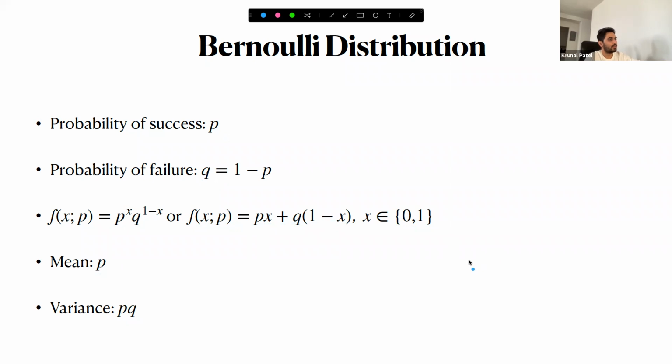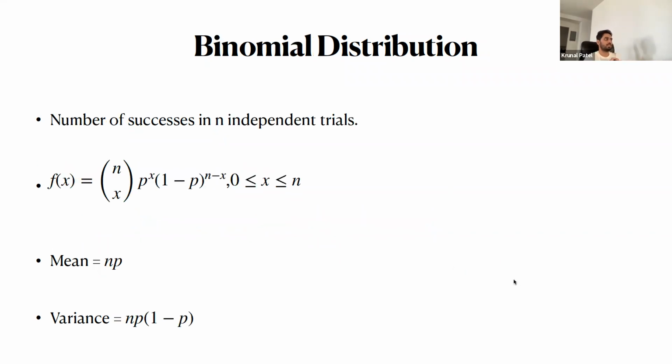And now let's take something more general than this, which is called the binomial distribution. Previously we were just taking one trial, and now we are going to take n trials. For each trial, I have the probability of success as p. I don't care about the probability of failure at this point. So out of n independent trials, I want to calculate how many successes I'll get.